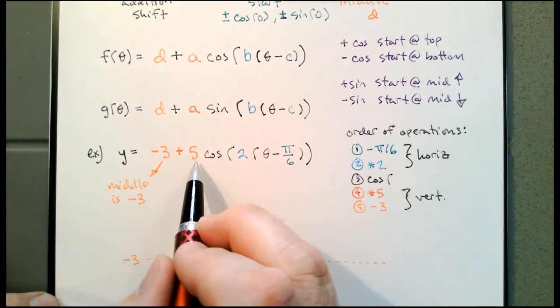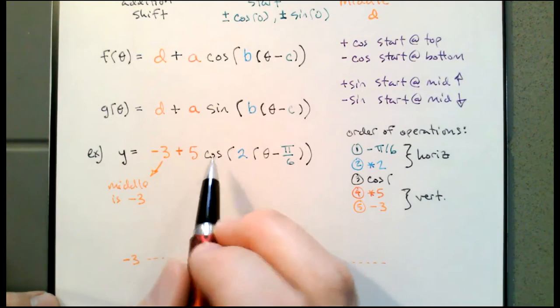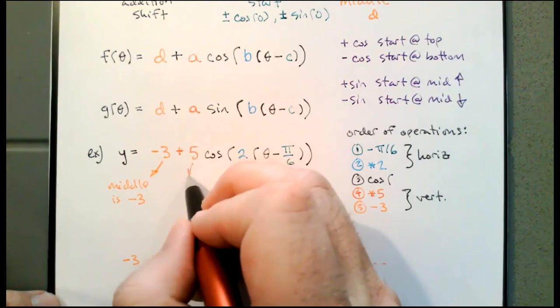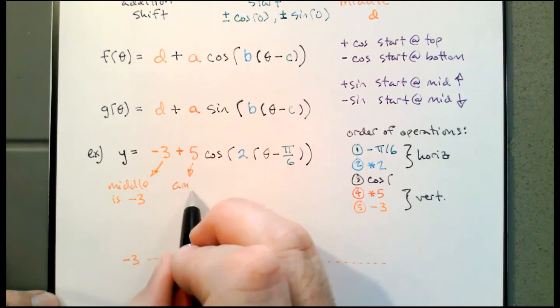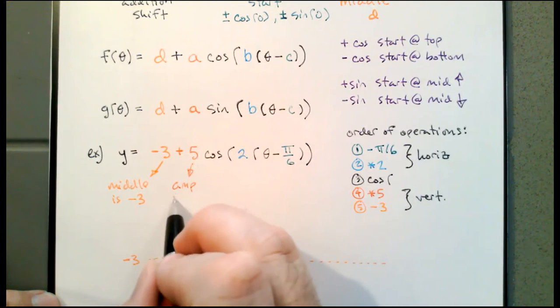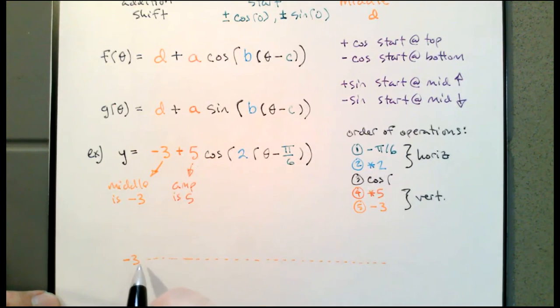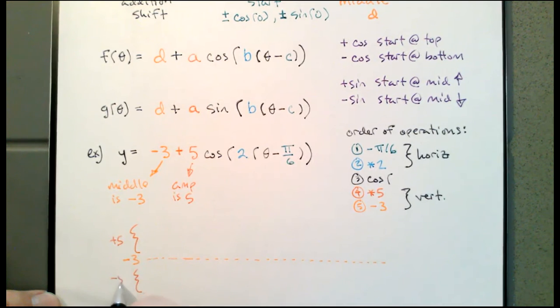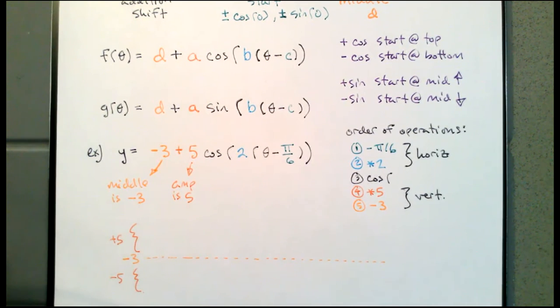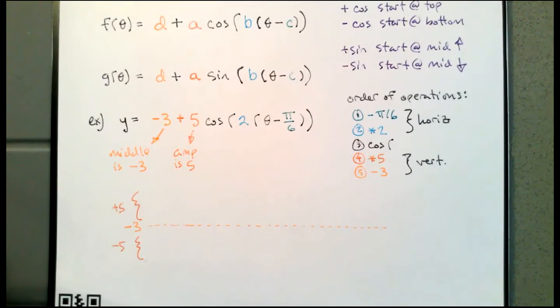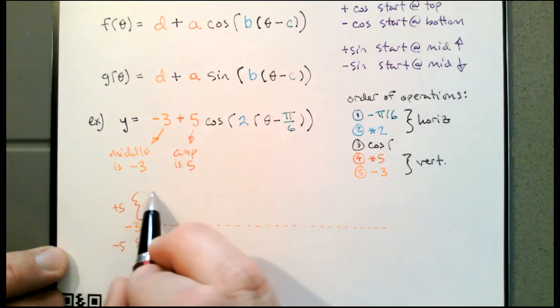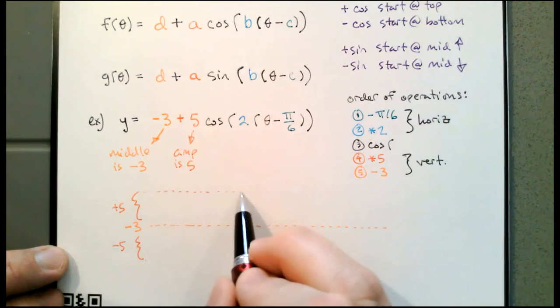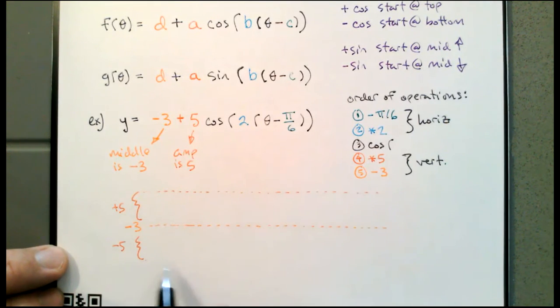This 5 is being multiplied by the cosine, so my amplitude is 5. So from the -3, I'm going to go up 5 and down 5. Because that's my amplitude. The amplitude goes from the middle to the top or from the middle to the bottom. So I use the amplitude to determine where the top is and the bottom.